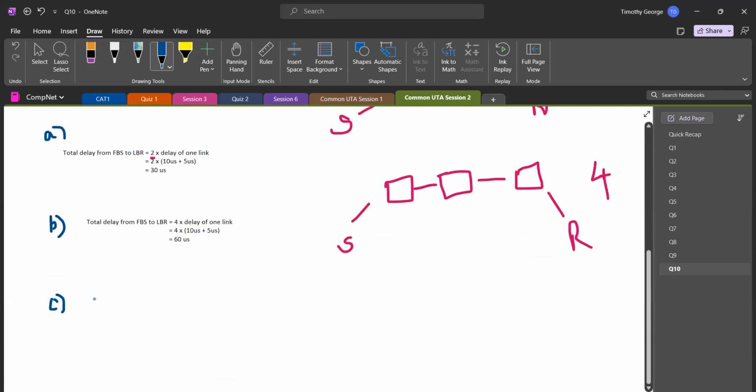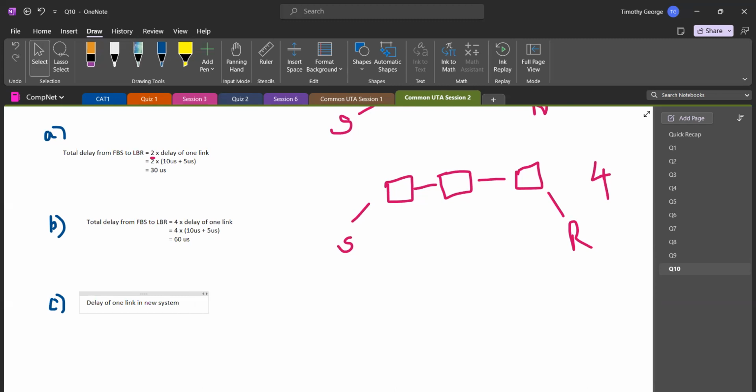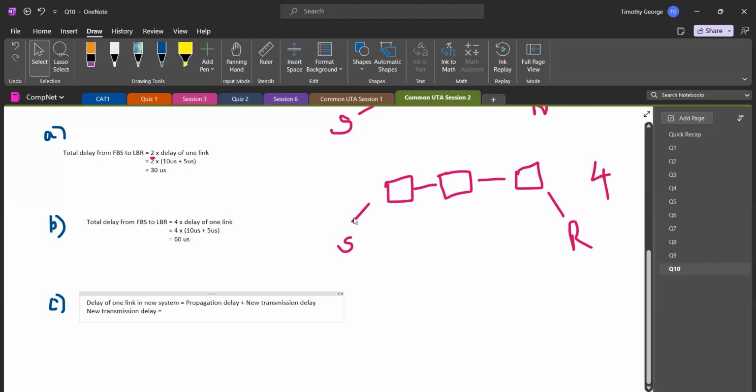So let's say the delay of one link in the new cut-through system is propagation delay, which will not change, plus the new transmission delay. What is that new transmission delay? The sender will send everything.